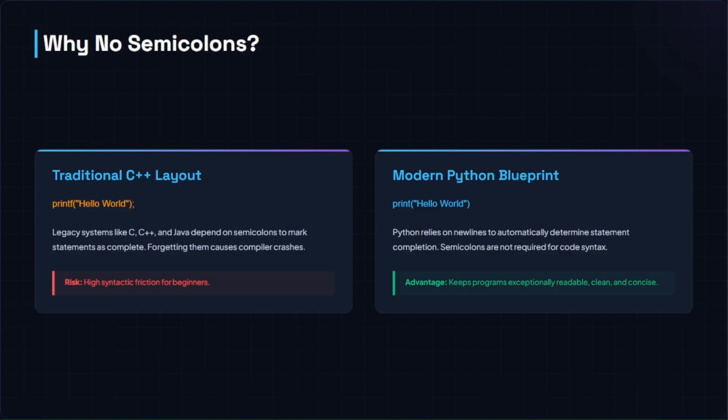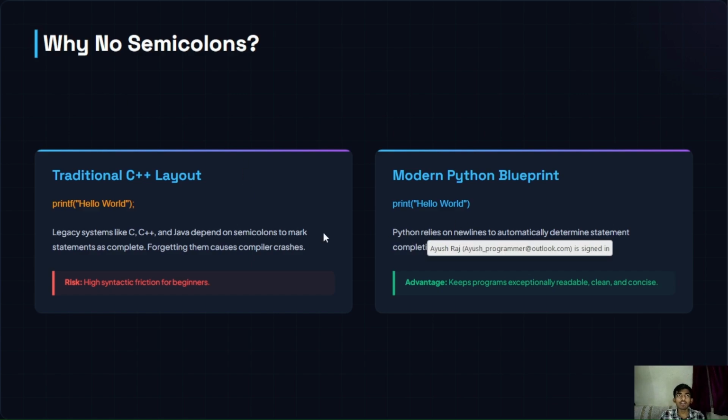If you have seen languages like C or C++, have you noticed that almost every line ends with semicolons? For example, in C, if you want to print hello world, you need to write printf hello world. Here you can see printf and hello world in inverted commas, with a semicolon. In languages like C and C++, we need to put semicolons to let the compiler know that the statement is ending.